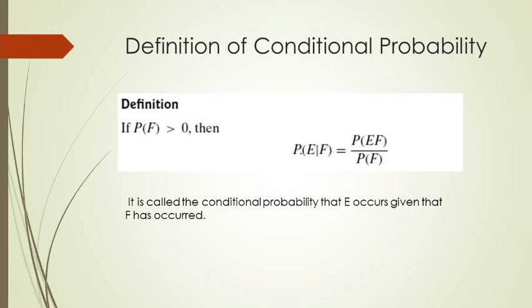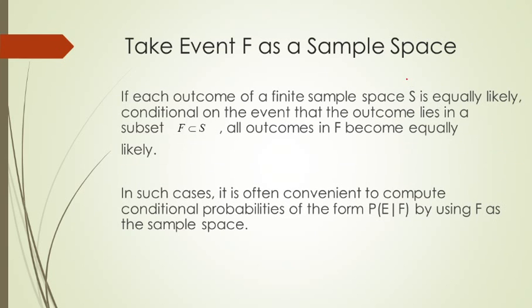The formula is pretty easy: the intersection of those two events divided by the probability of event F, the event that occurs under this condition. So the probability of event F will be the denominator.